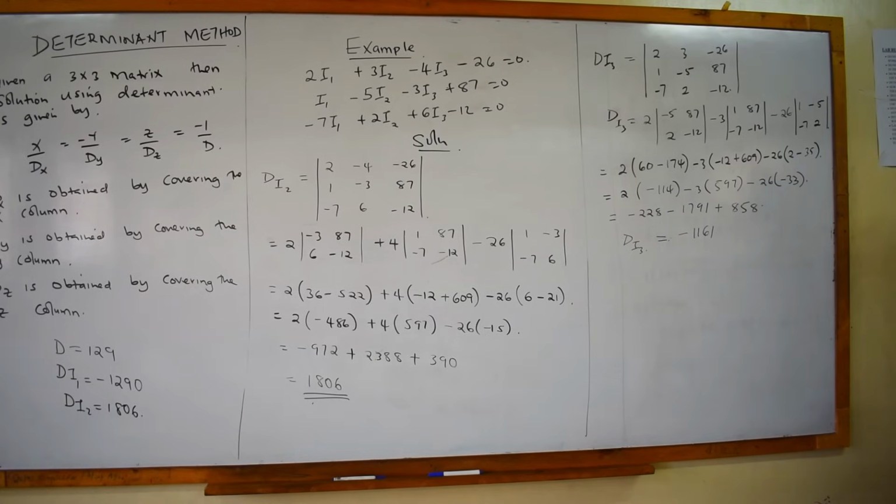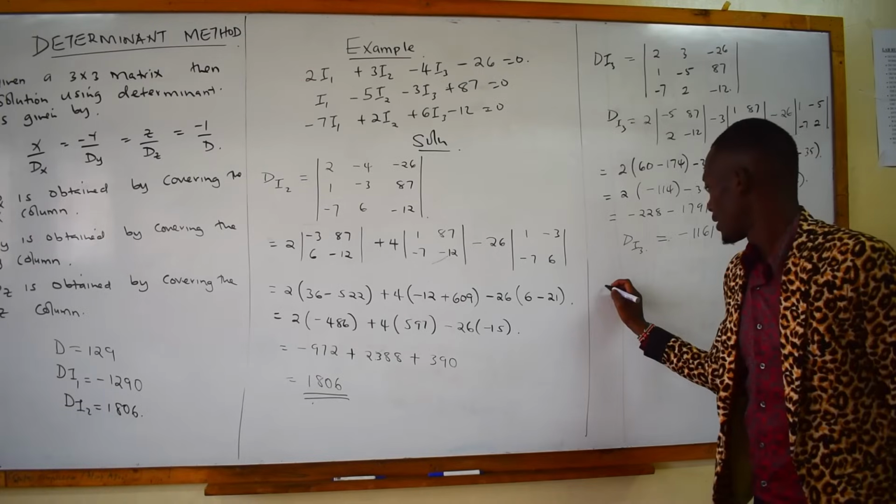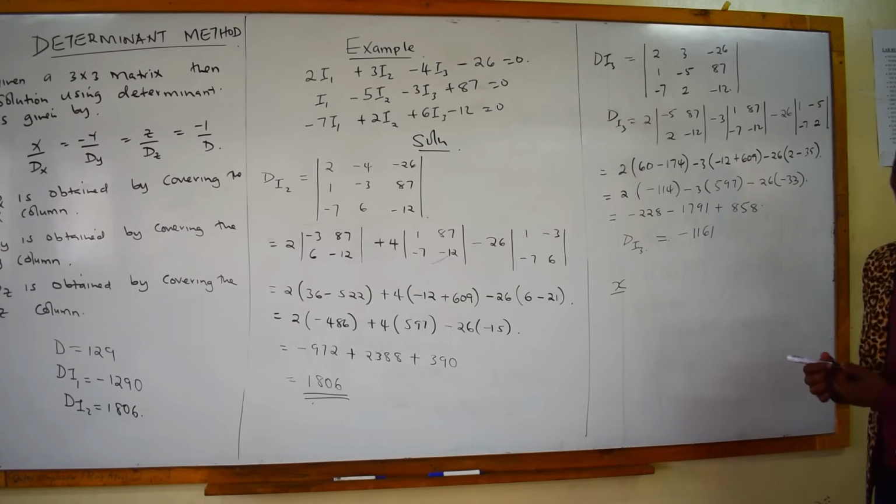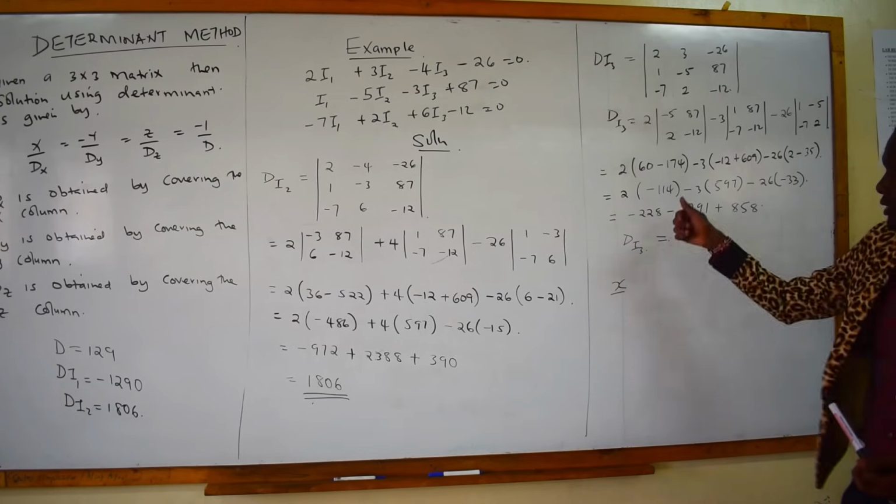So we have all the values that we need. We have the value of D, we have the value of DI1, DI2, and DI3. And what does the determinant law state? It says that x over Dx equals negative y over Dy equals z over Dz equals negative of 1 over D. Now our value here, we can put it respectively to the terms that we have been given.